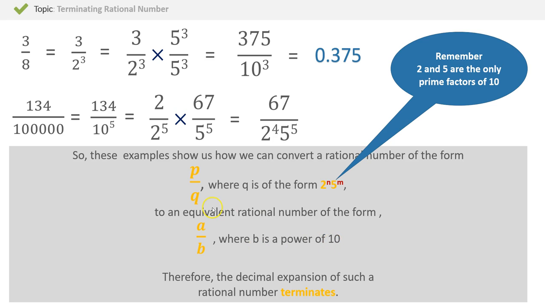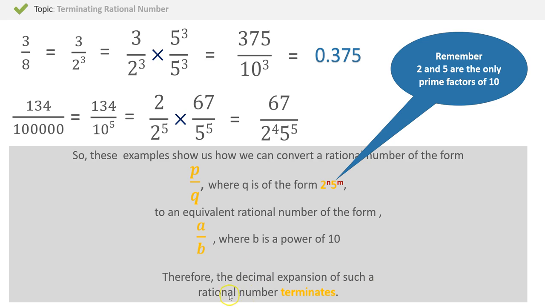So if you can see, p by q was my rational number, in this case 3 by 8, and we finally represented it as 375 divided by 10 to the power 3, which is again a by b, where b was a power of 10.